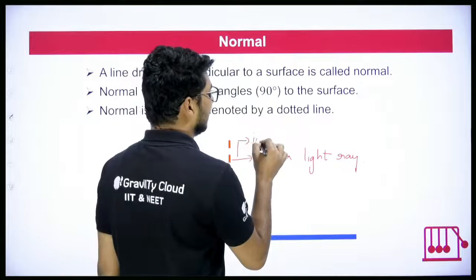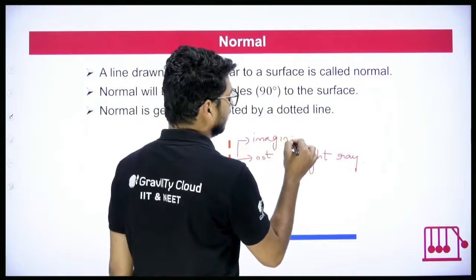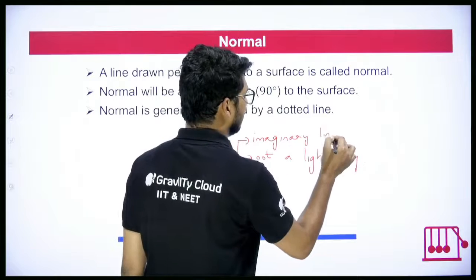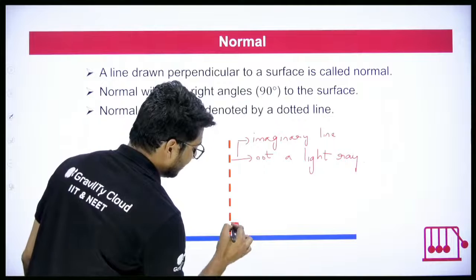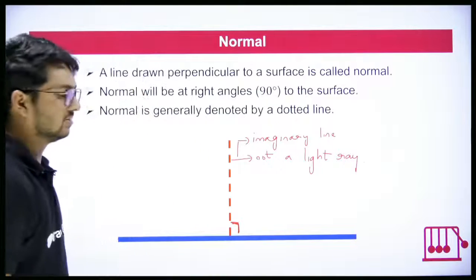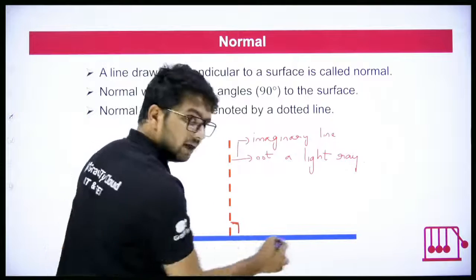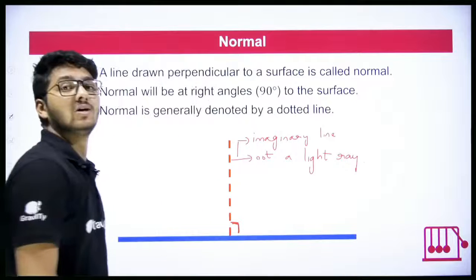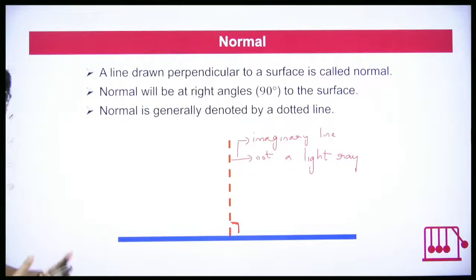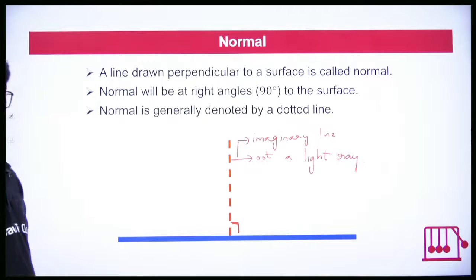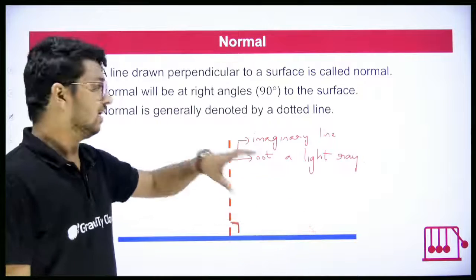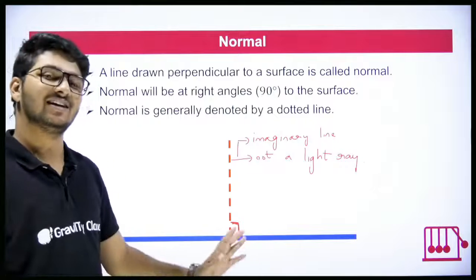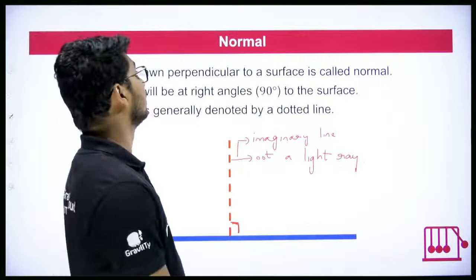It is just an imaginary line which is perpendicular. See that here. When I draw it this way, it means the angle is 90 degrees. Does it make an L shape? It makes an L shape. So L shape will mean perpendicular, right angle, 90 degrees. Got it? It is not a light ray. It is just an imaginary line. Good.